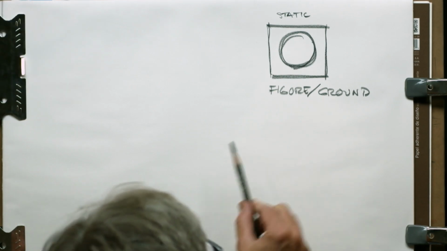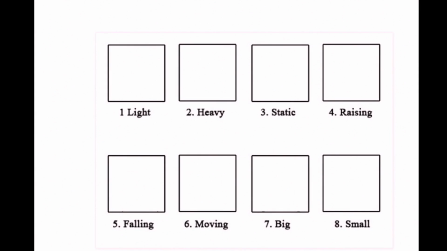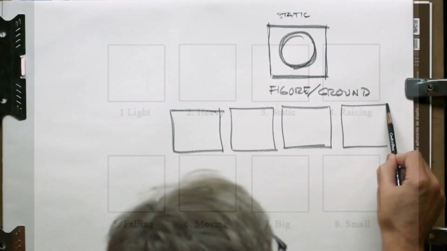So here's what I want you guys to do next, is we'll draw 8 squares like you see up there. Okay? We'll draw 8 squares. And within each of those squares, I want you to put a circle. And these circles, just one circle in one square. That's it, just one circle.